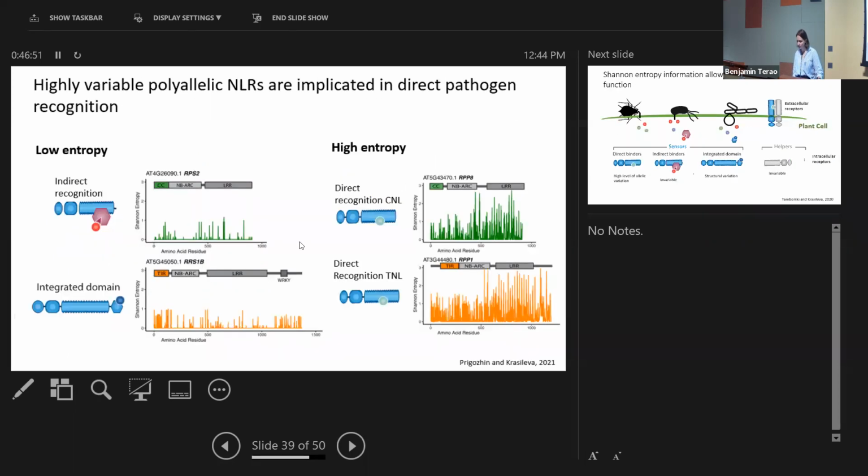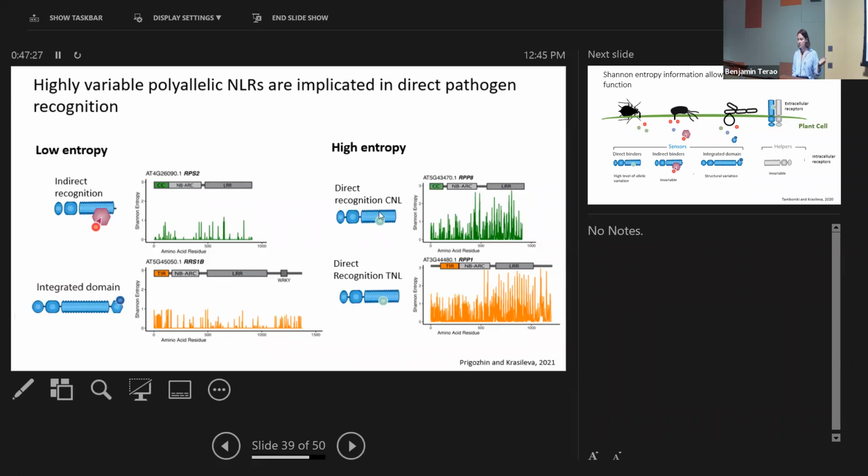What we also observed is that, because for Arabidopsis there's so much functional data for each of these receptors, what type of effectors they might be recognizing, and the model of how they're recognizing it, the indirect receptors that work through indirect recognition, monitoring a host protein targeted by effectors, have low entropy. Makes sense, right? You're monitoring your own protein, not changing, you don't need to evolve away. Receptors with integrated domains also have low entropy.